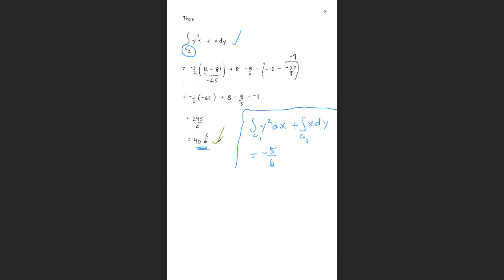We got 40 and 5/6. Okay, we got a different answer, right? So this means that in fact this vector field is not conservative.